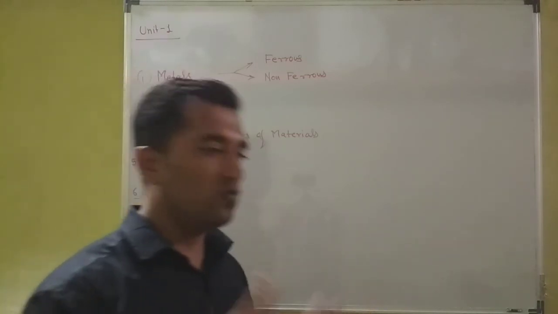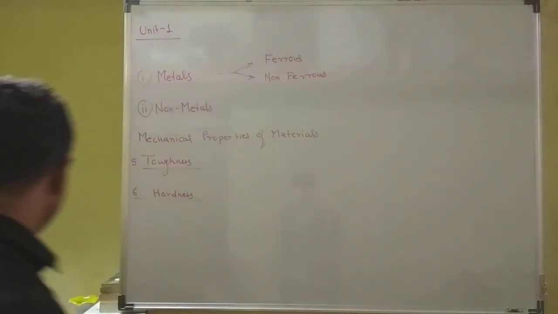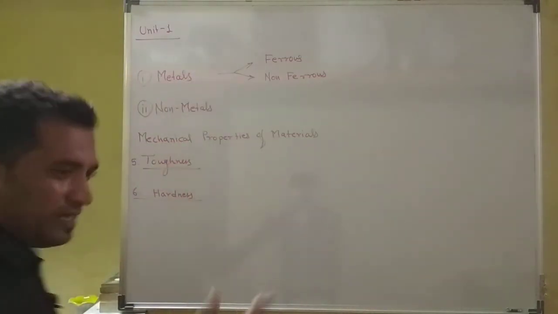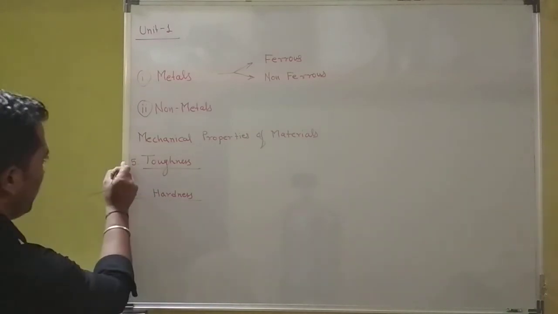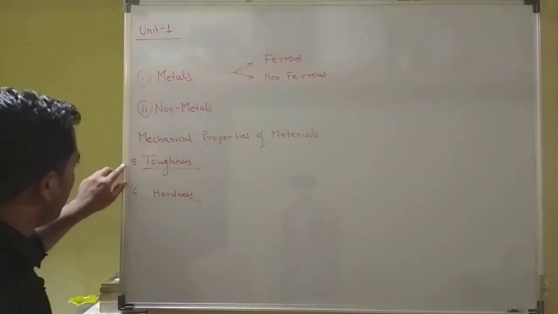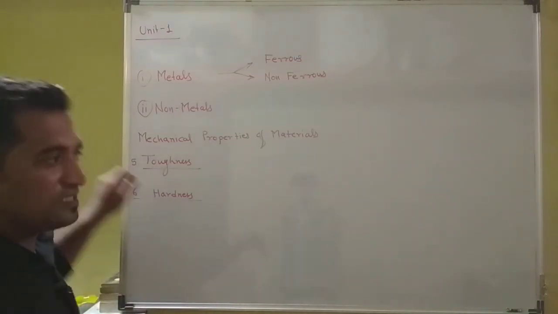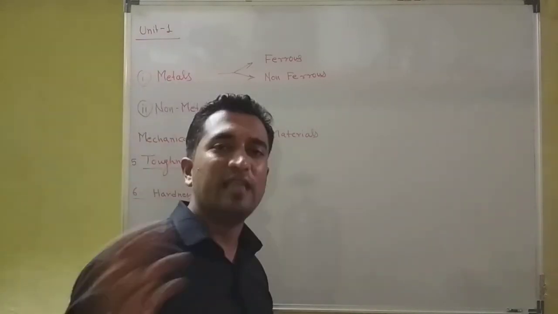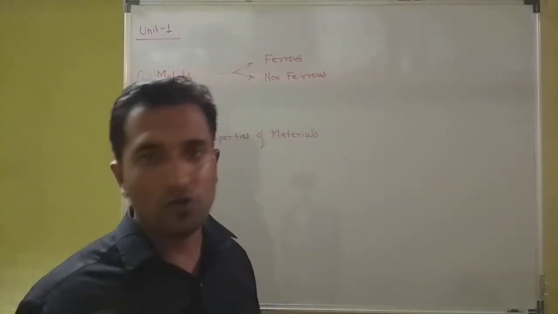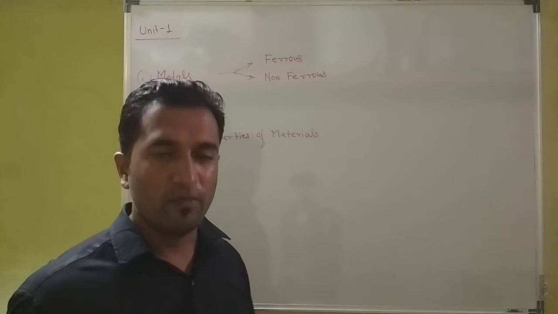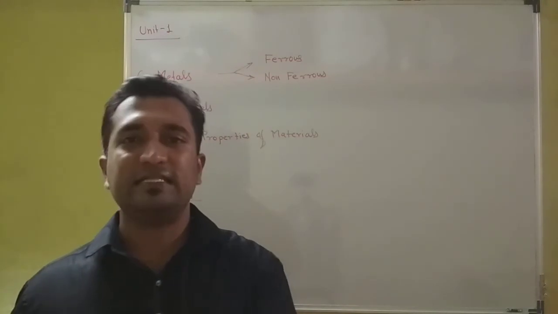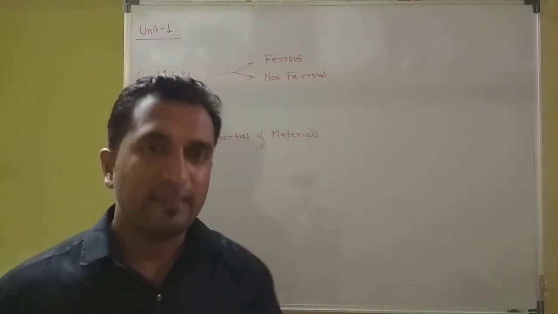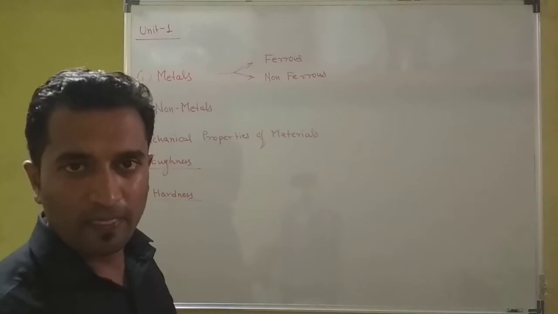If you take any aluminium metal, this is aluminium, and if you scratch over here, a scratch will appear. But the same thing if you are doing with the glass, no, a scratch will not appear over there, because you can say glass is harder than aluminium.